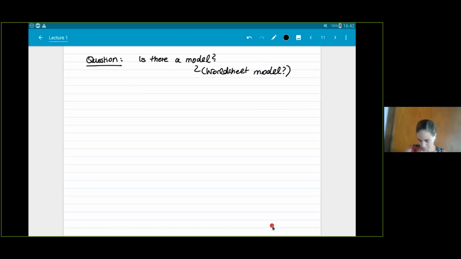Now, let's say we were about to construct something like this, where would we start? How would we go about this? And what I want to tell you for the next 5 minutes is exactly this: how to construct such a model.